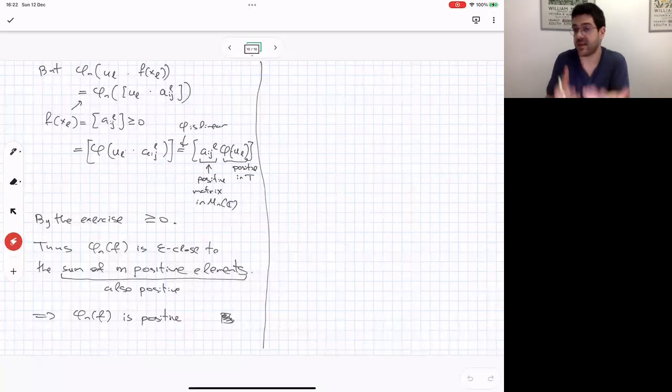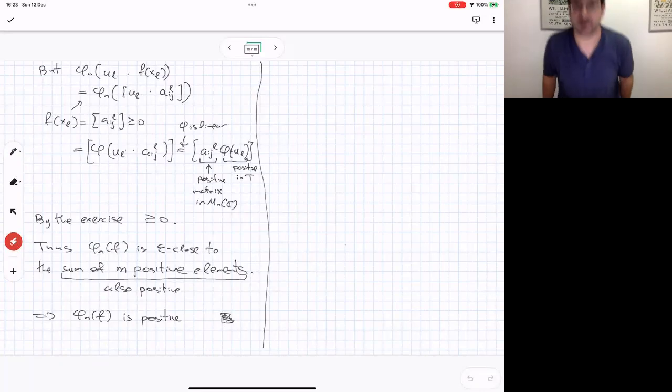The sum of positive elements is positive, and to say that you are close to being positive means that you are positive, because the positive elements are closed. So this was the trick, and that's the way we're done.